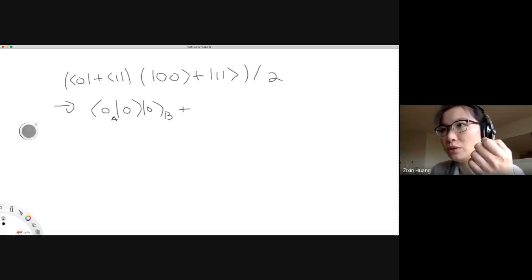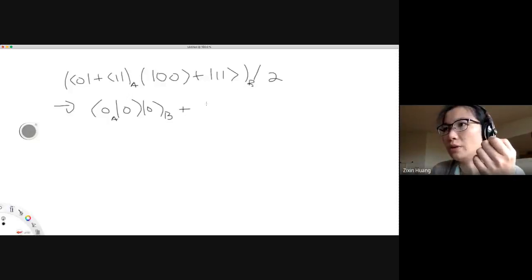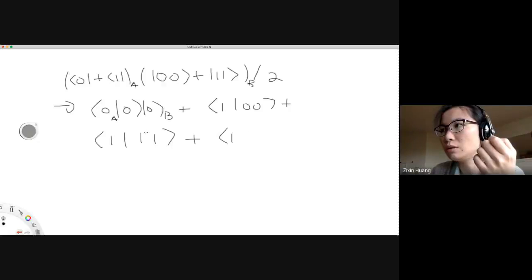So you see what I mean. This is Alice's system, and this is Bob's system. And you end up with a 1 with 0, 0, plus a 1 with 1, 1. Sorry, there should be a 0.